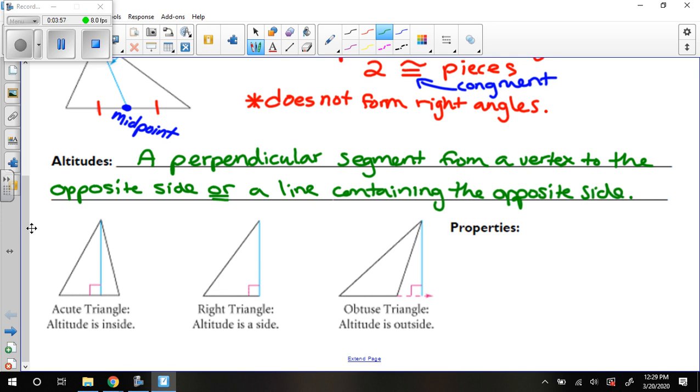Okay, we'll talk about what that means here in a second, but notice that an altitude in the description says that it's a perpendicular segment. Okay, perpendicular means that you form right angles. So this is the segment that's going to form right angles, as opposed to the previous one, the median, which did not.